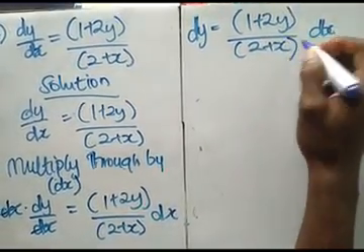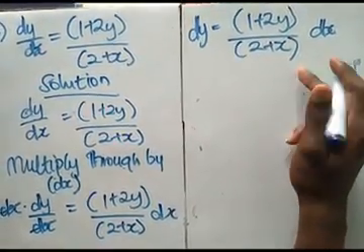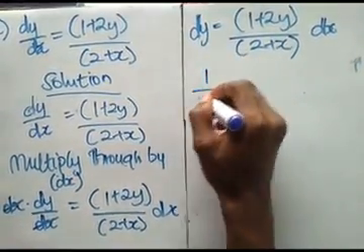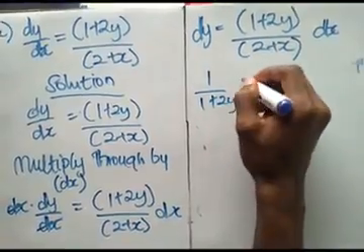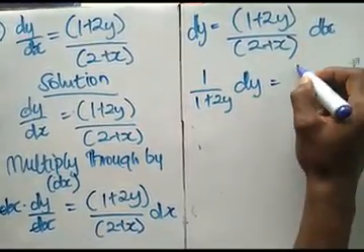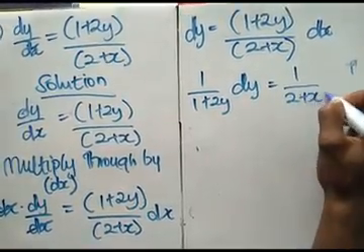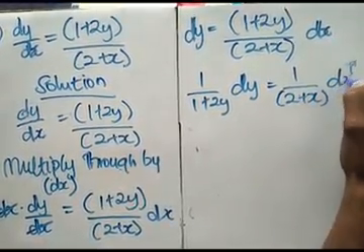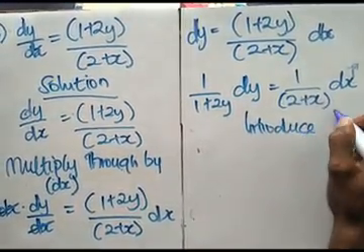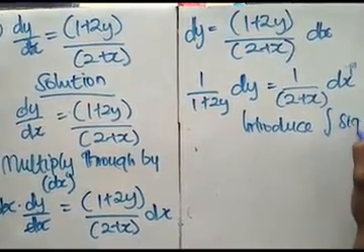The next step, we need to separate the variables. By separating the variables, we have 1 over 1 plus 2y dy equals 1 over 2 plus x dx. So we introduce the integral sign.